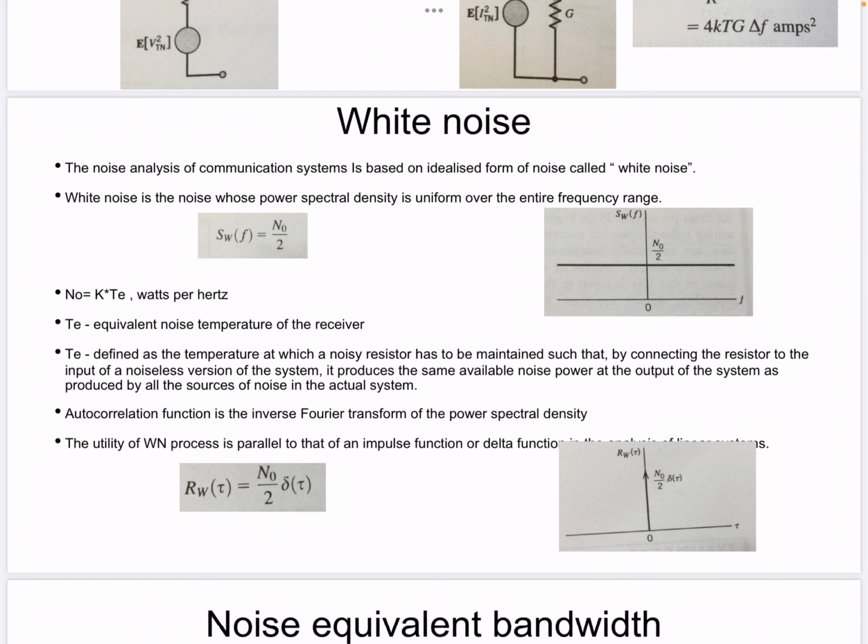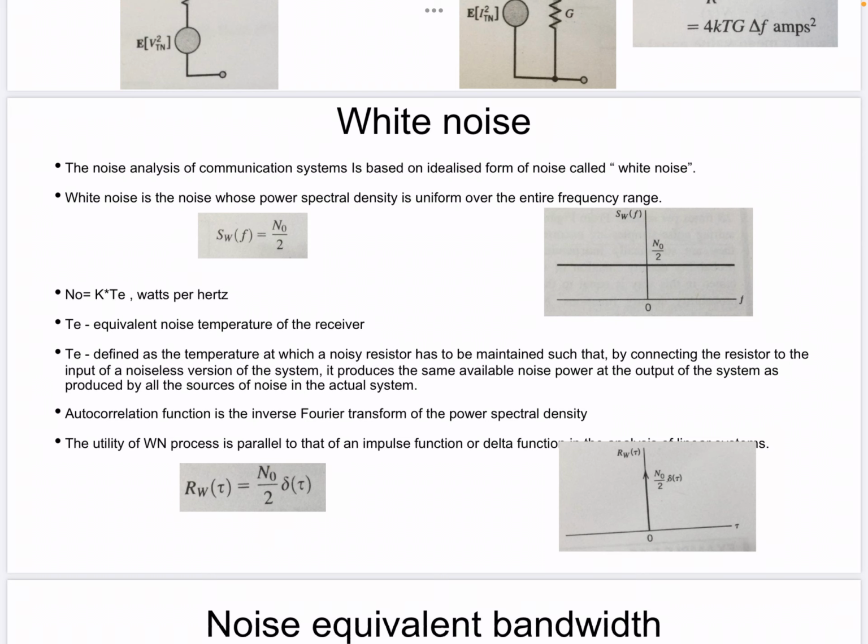The dimensions of N naught are in watts per hertz. N naught is usually referenced to the input stage of the receiver of a communication system. So N naught is represented as k into T_E, where k is the Boltzmann constant. We know the value 1.38 into 10 power minus 23 joules per degree Kelvin.